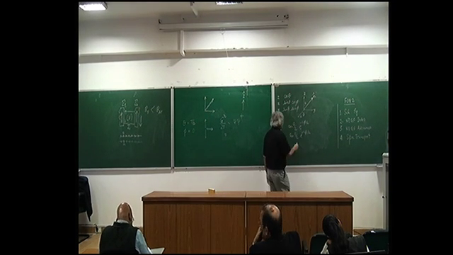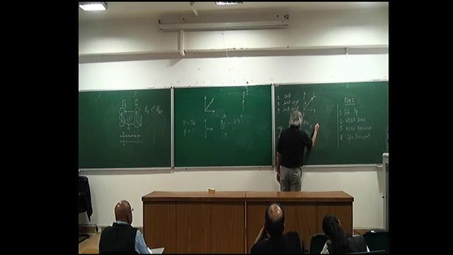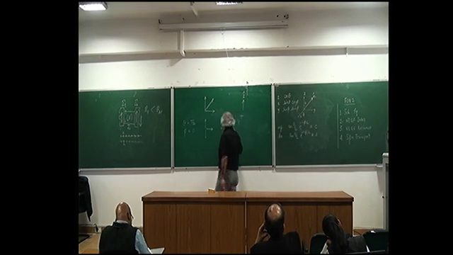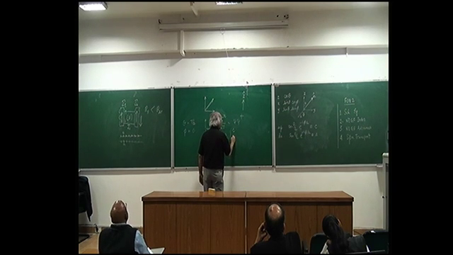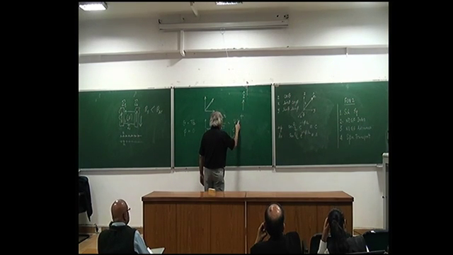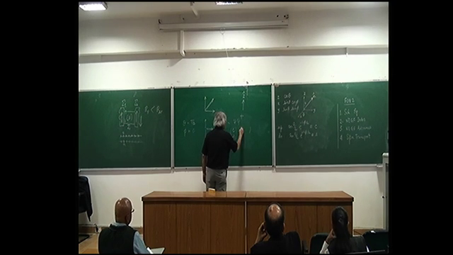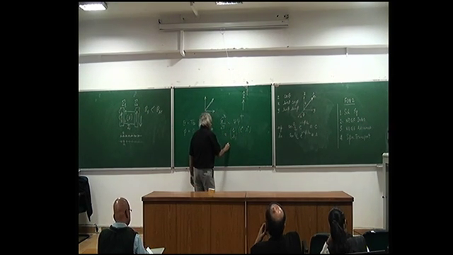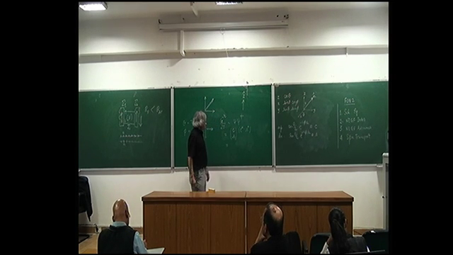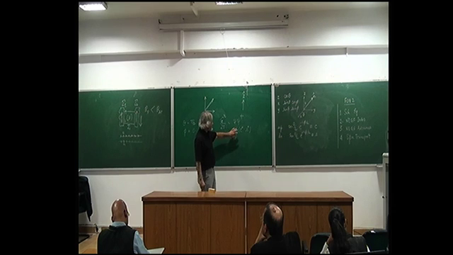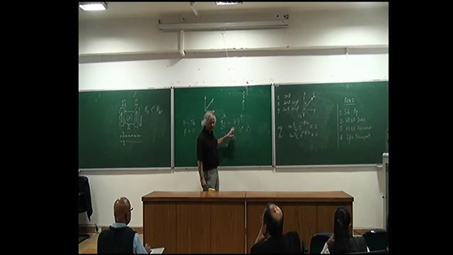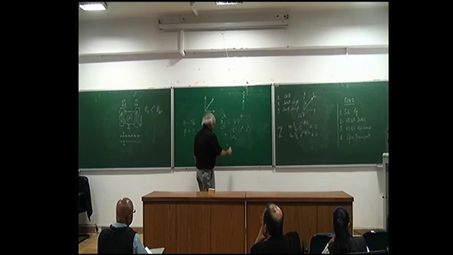So maybe let me just call this C and call this S. So psi is like C, S, psi dagger is C star, S star. So you'll notice, this is a 2 by 1 column vector. This is a 1 by 2 row vector type of thing. So when you multiply it, you get a 2 by 2 matrix.